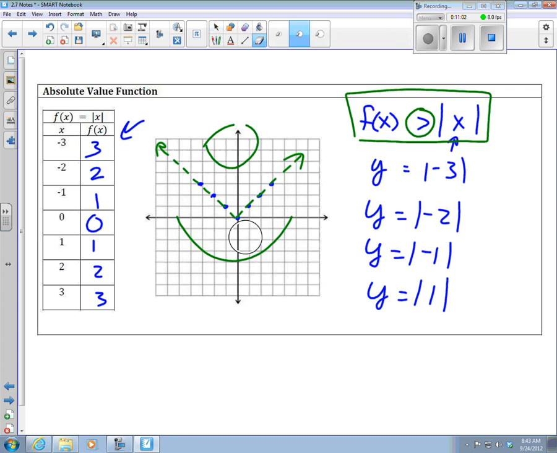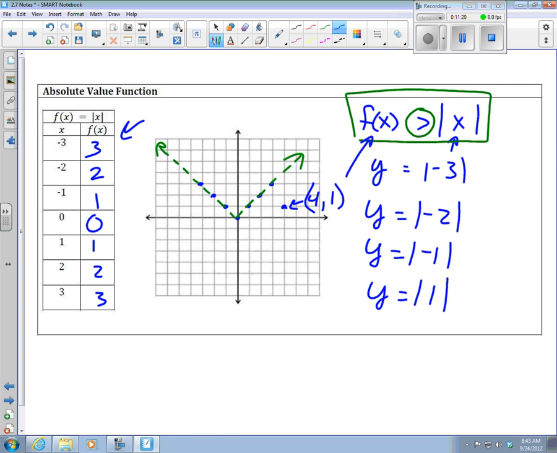And the way we're going to decide that is, well, we need to pick a checkpoint. I can't use 0, 0, so I'm just going to use, I don't know, 4, 1 right here as my test point. I'm going to plug it in up here and see if it's true or false.